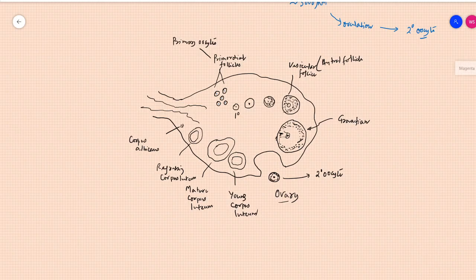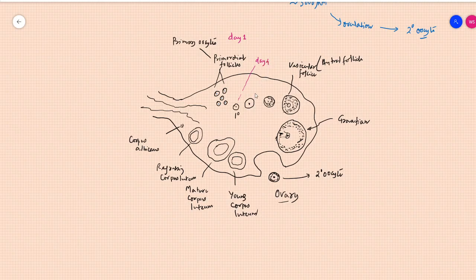Now let's look at the timeline. Okay, so this is at day 1 of the follicular phase. Okay, we'll be learning what the follicular phase is in just some time. So just hold on to that thought. So by about day 4, you'll have about this type of follicles, okay, day 4.